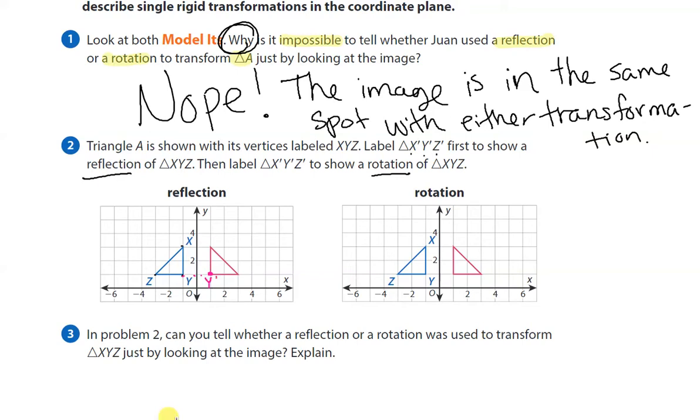They'll correspond this way, like they're flipped. So that's X prime, and this is Z prime. But if it's a rotation, then Y will stay the same because they're both this distance from the origin, so that'll stay Y prime. But Z now is the X. It's going to go all the way over here, and Z is going to go all the way over here. That's X prime, Z prime.